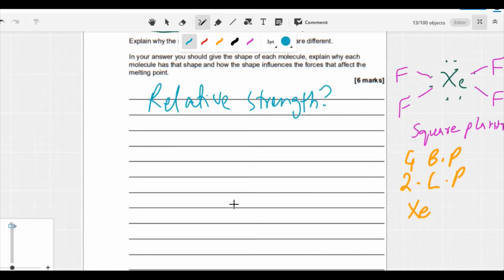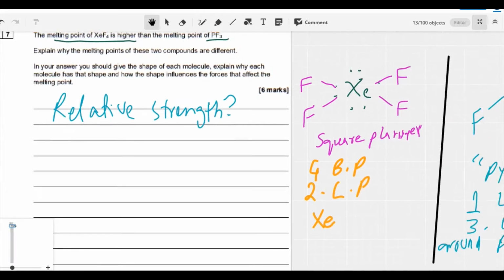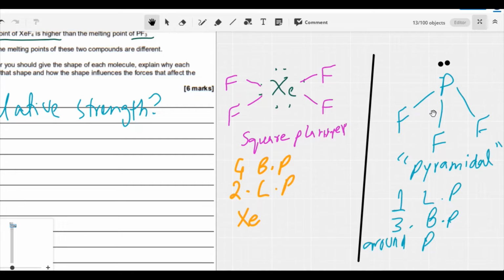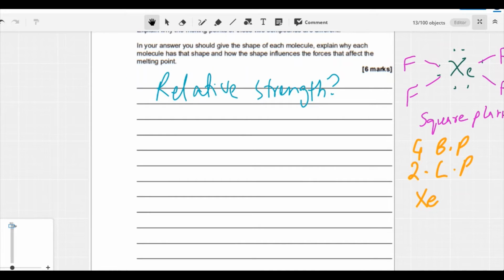If we compare the relative strength of xenon tetrafluoride and PF3, we know that the intermolecular force present in xenon tetrafluoride is van der Waals force.